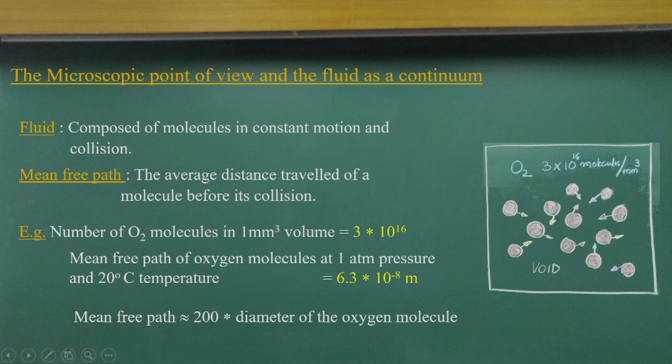Now let us come to the definition of fluids. A fluid is composed of molecules in constant motion and collisions. You can think of fluid flow as the representation of a million molecules in motion, also colliding with each other. If you look at this figure, it is a zoomed view of molecules, showing that for oxygen, about 3 times 10 to the 16 molecules are present in just a cubic millimeter volume. That indicates how many molecules there are in 1 cubic millimeter of oxygen.